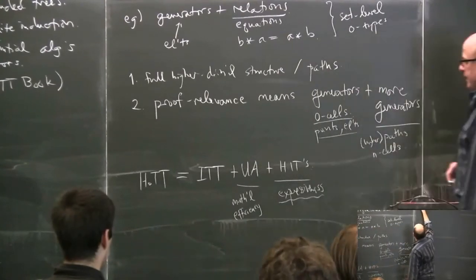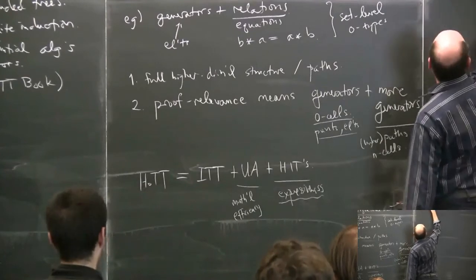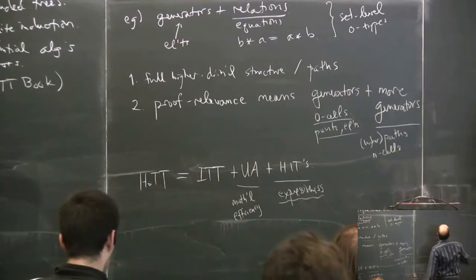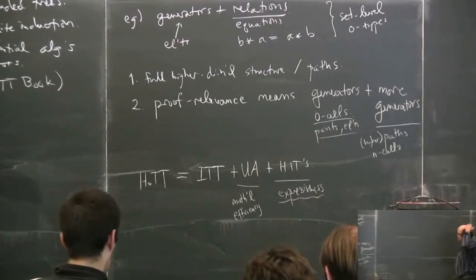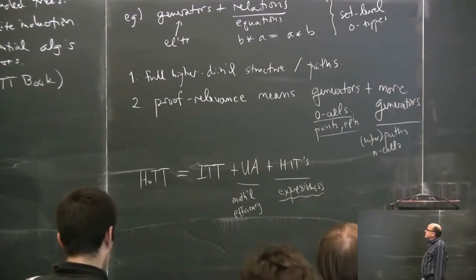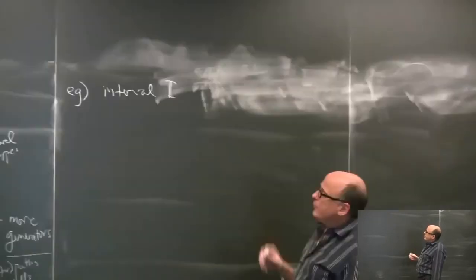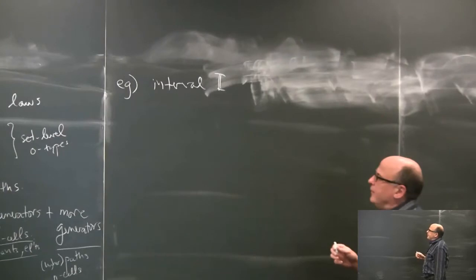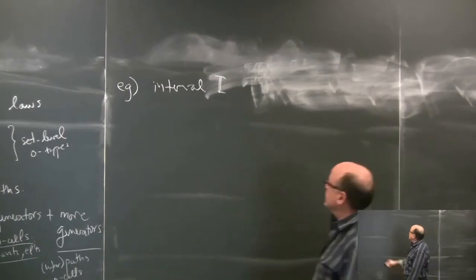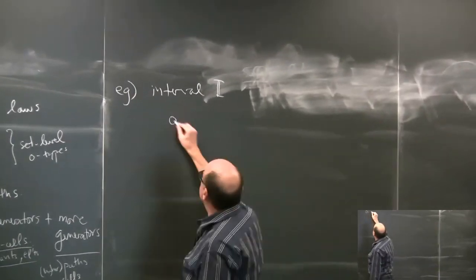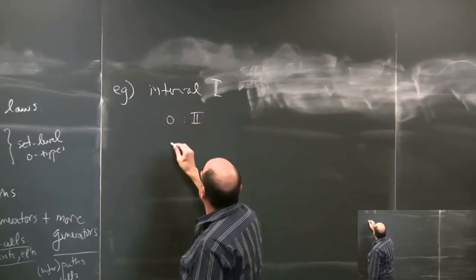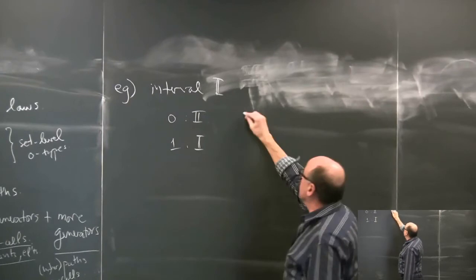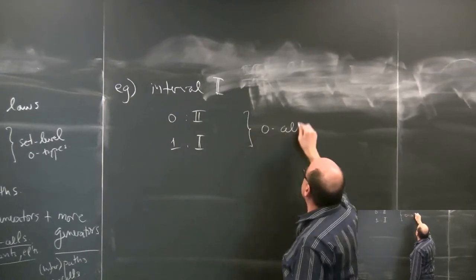So we had an example of this before, where we talked about the interval, which might be written like this, I, as a higher inductive definition. The way these higher inductive definitions go, we have an informal way of writing them down that looks like inductive definitions. So we ended up saying, let's write it like this. We have 0 is in I and 1 is in I. So these are our 0 cells.